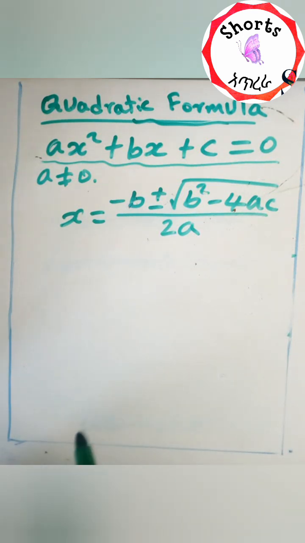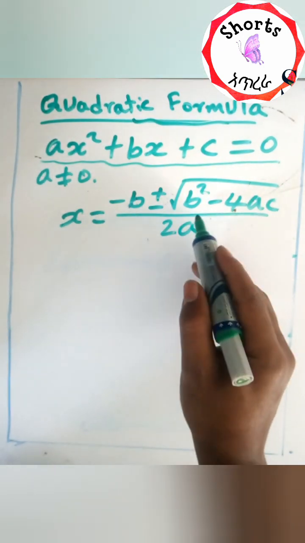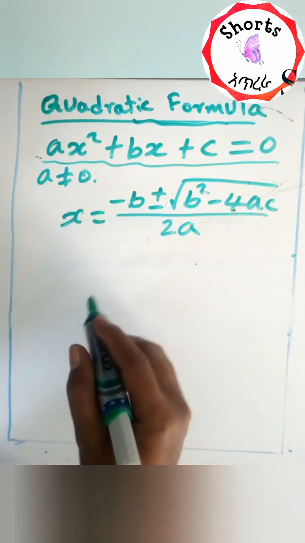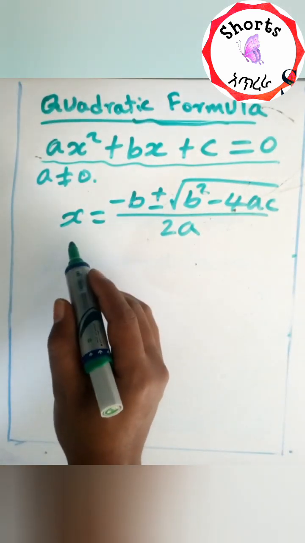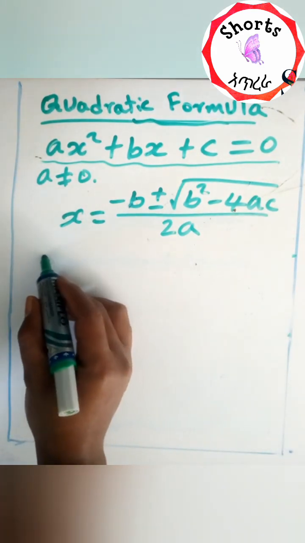The number of solutions for a quadratic equation depends on the discriminant term b square minus 4ac. Therefore, we have three cases. A quadratic equation generally has at most two solutions.